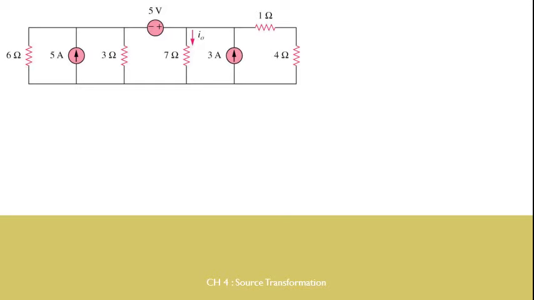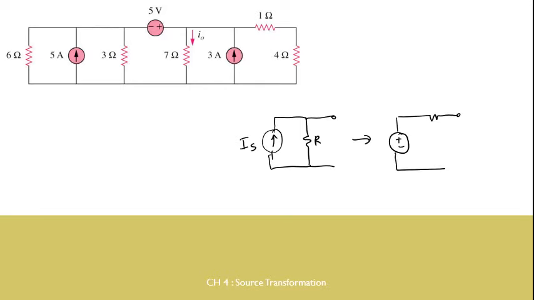And before that, if you have a current source in parallel, because I forgot to mention this, and you know that this is IS and this is a resistor, you're going to transform into a voltage source in series, right? So this is R. So how to calculate the value of the voltage source here?